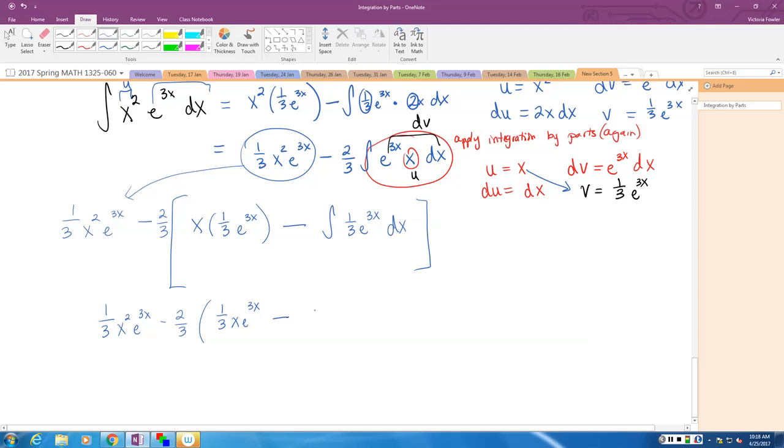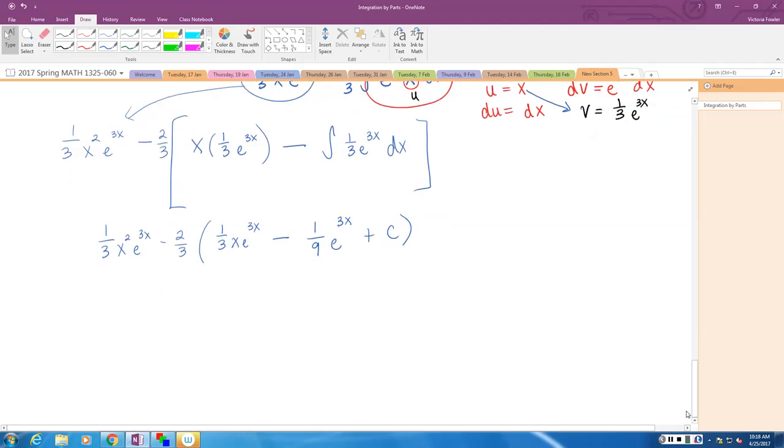This is going to be 1/3 times another 1/3, 1/9 e to the 3x plus my constant. And so I would have to now distribute my negative 2/3. And I'm just doing a whole lot of rewriting here.